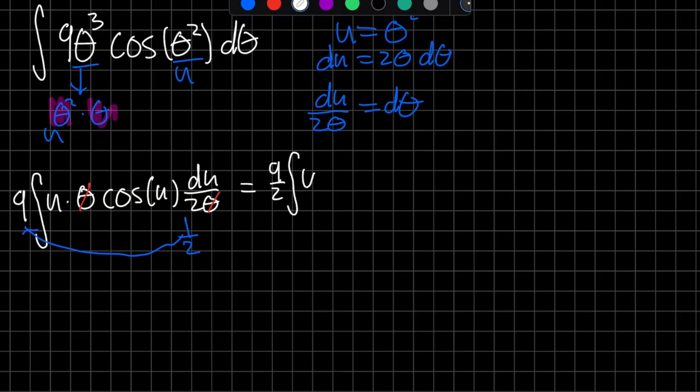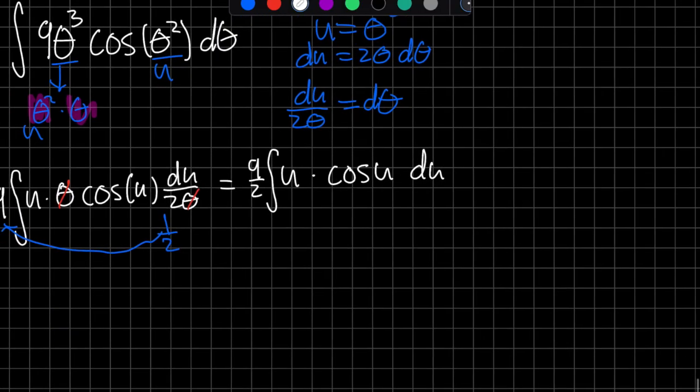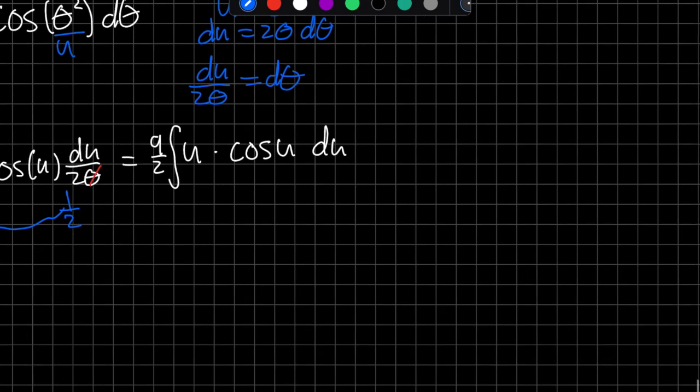And our integral is just u times cosine of u, du. And now this is very easy, and we can go ahead and do that DI method again like I had showed previously. We just choose one side to take the derivative of and the other one to integrate. And we always want to choose, for the derivative, the function that will end up going to 0 or something that's nicer, right?